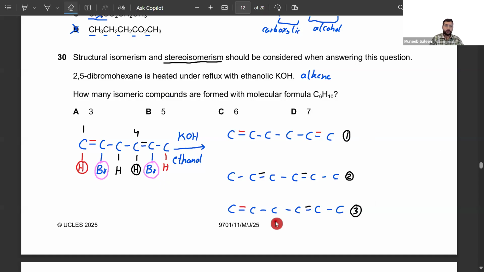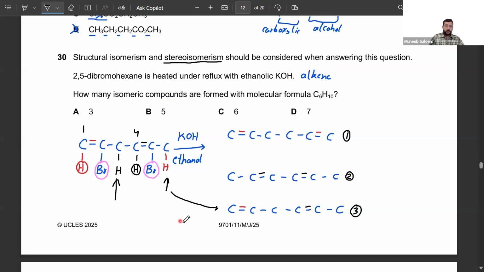Now, if you try to remove the hydrogen of this side along with the hydrogen of this side, it will give the same structure like this one because it will have similar positions of the double bonds. So it will be of no sense if you try to remove these arrow-directed hydrogen atoms. It will have the same structure like this one.